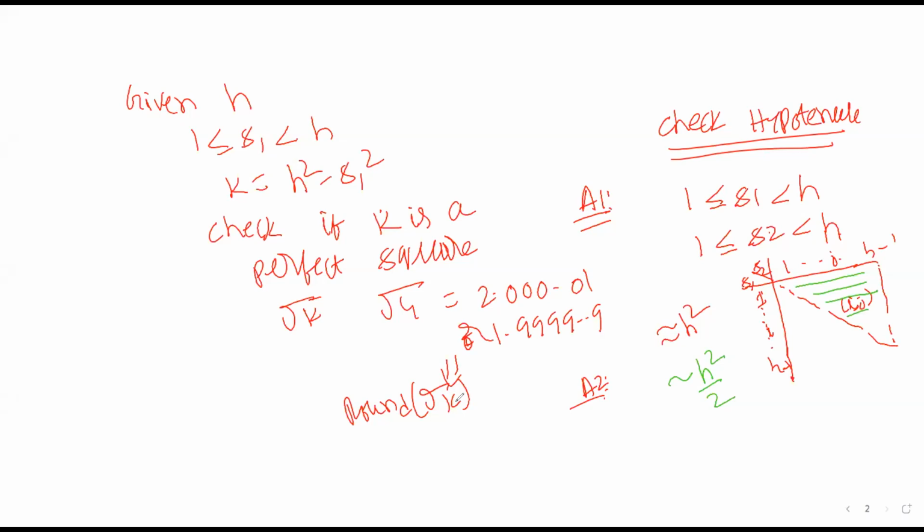An alternate way of doing it is, how many of you tried this approach? Did anyone try to use the square root function? Did it work? It works until it doesn't work. That's where you have to be careful.